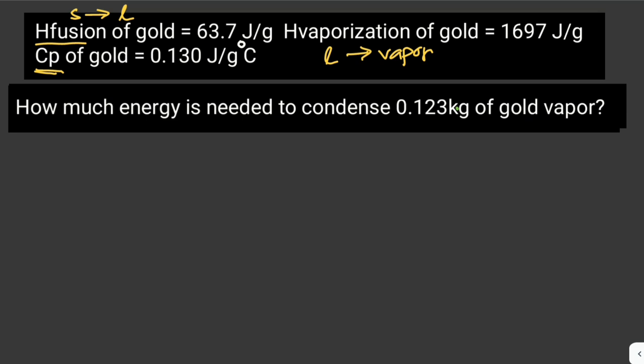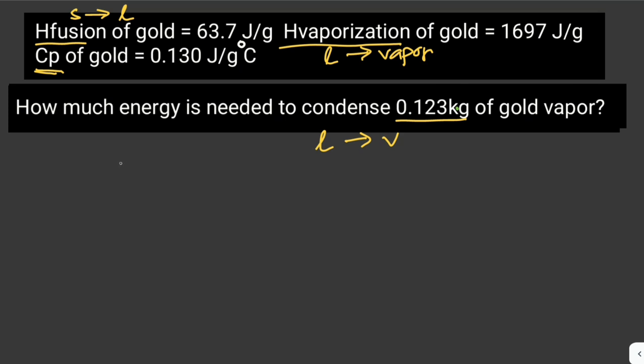Alright, let's solve the next problem. How much energy is needed to condense 0.123 kilograms of gold vapor? So to condense, that would be from vapor to liquid, so we will use the heat of vaporization of gold.